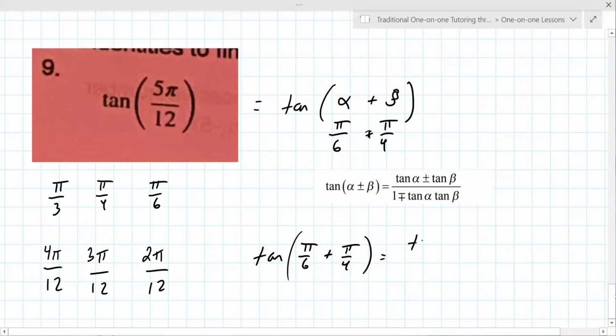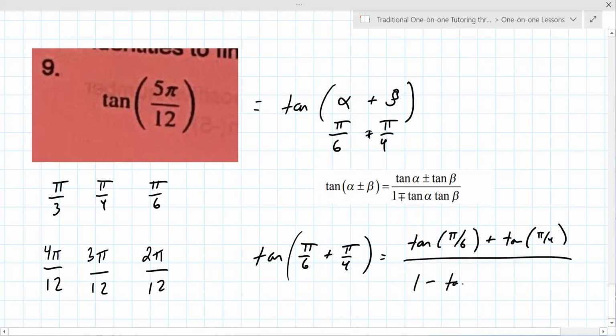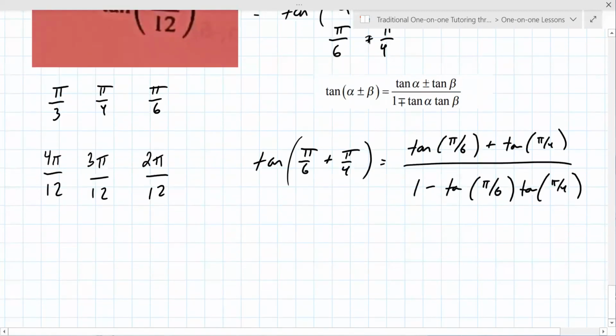You could do tangent pi over 4 plus tangent pi over 6 over 1 minus tangent pi over 4 tangent pi over 6. And from here, it's just evaluating it from the unit circle.